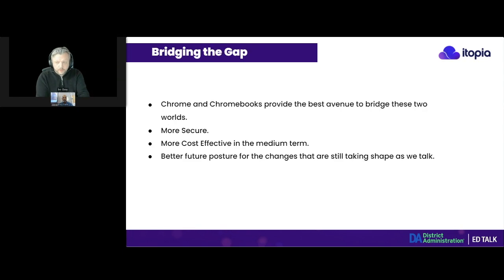So Chrome and Chromebooks provide the best avenue to bridge these two worlds. It's more secure, and it's more cost effective in the medium term. From an education point of view, it also means you're going to get much better delivery of the fidelity of experience and consistency of training. And it should enable your students and yourselves to be better postured for what's coming over the next 5 to 10 years.